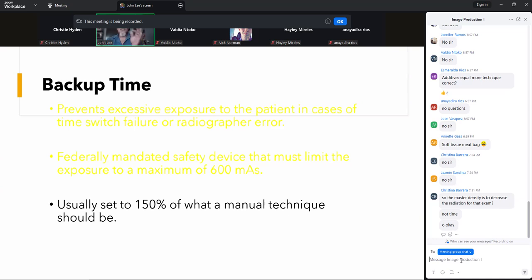Okay. So we should always be adjusting that, and that's the reason why you need to be good at techniquing, and technique charts need to be utilized. You need to have good working techniques so that, if all else fails, at least you won't overexpose the patient.